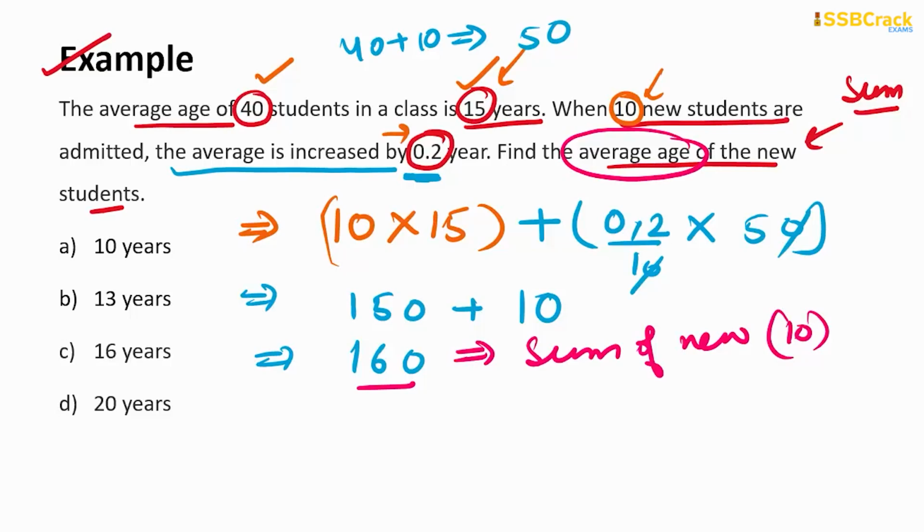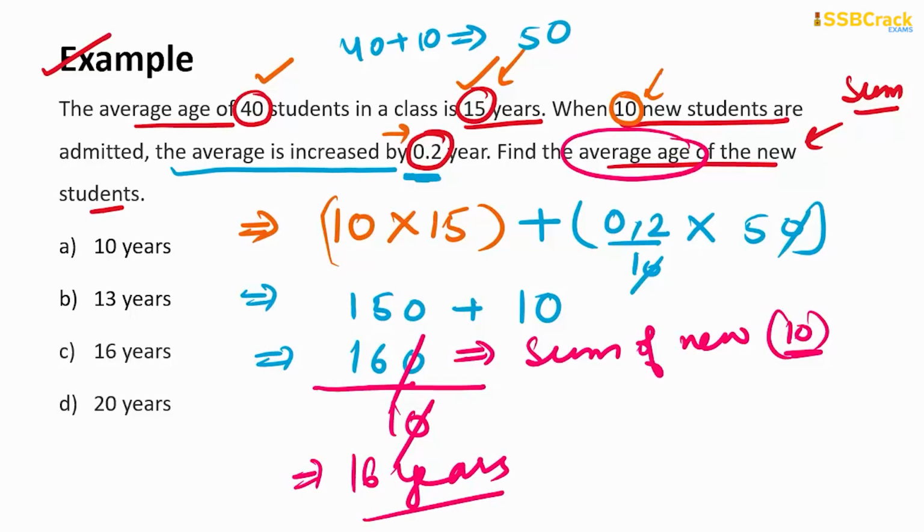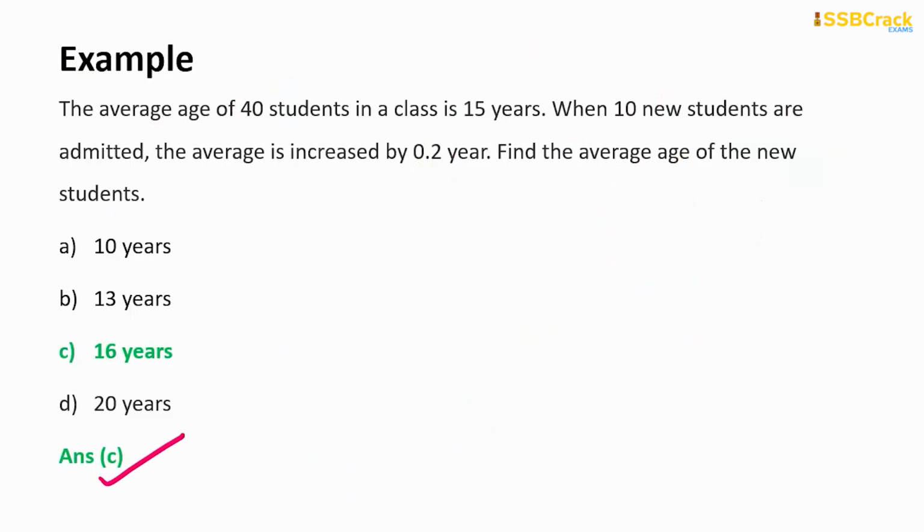We know that average is given by sum upon total. So total is 10 here, this 10 will cancel with this 0 and the answer will be 16 years. So the average of the 10 students which we are adding is 16 years. That is option C should be the correct answer. Let's check. So yes, option C is correct only.